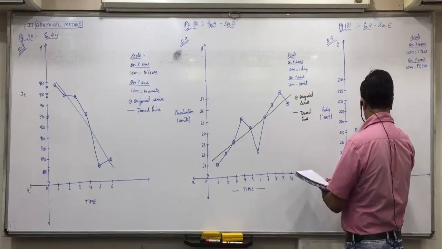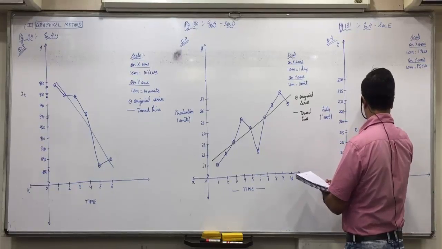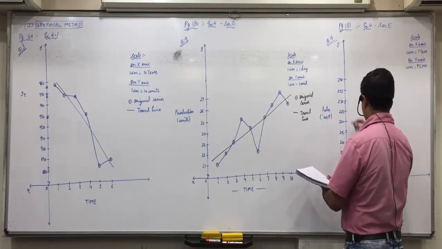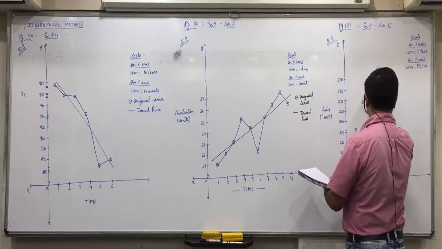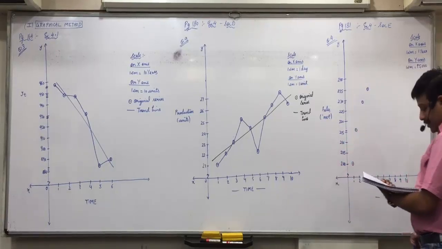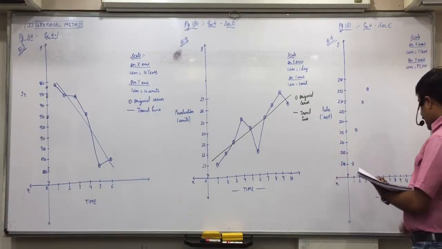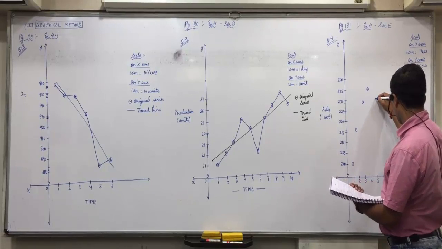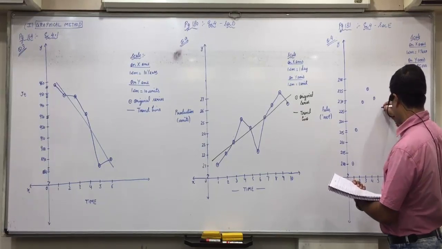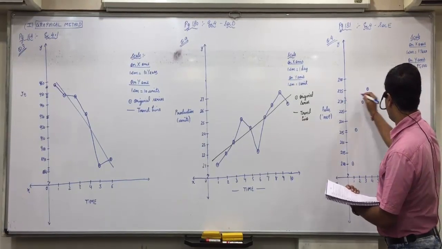Third year is 228. Then fourth year it's 235. We have exactly 235. Then 230 again, fifth year. Then 232, sixth year. So after 230, 231, 232.